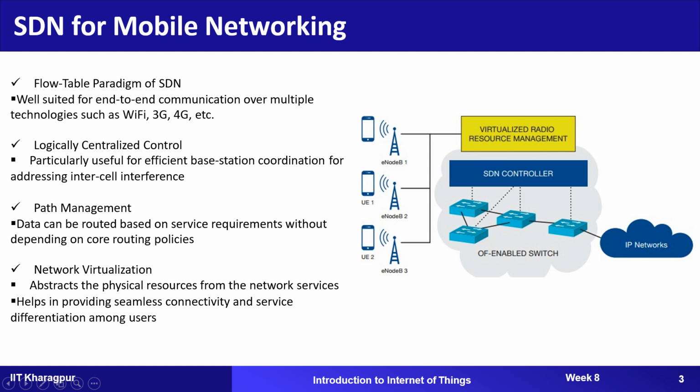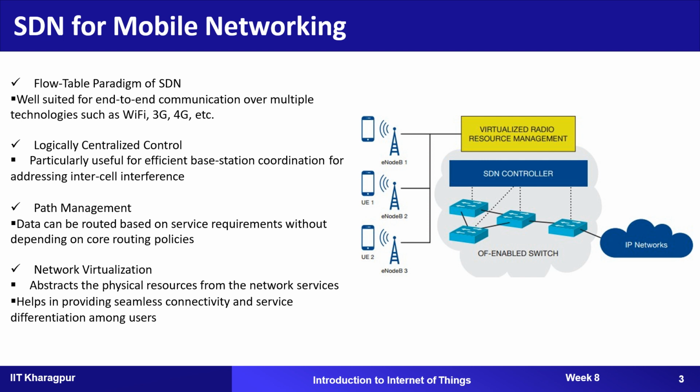So first of all, the flow table paradigm of SDN in your mobile network should be well suited for end-to-end communication over multiple technologies such as Wi-Fi, 3G, 4G, etc. Logically centralized control should be there, particularly useful for efficient base station coordination for addressing inter-cell interference, because in a mobile network there are chances that the mobile node is getting signal from two different cells, due to which interference can occur.